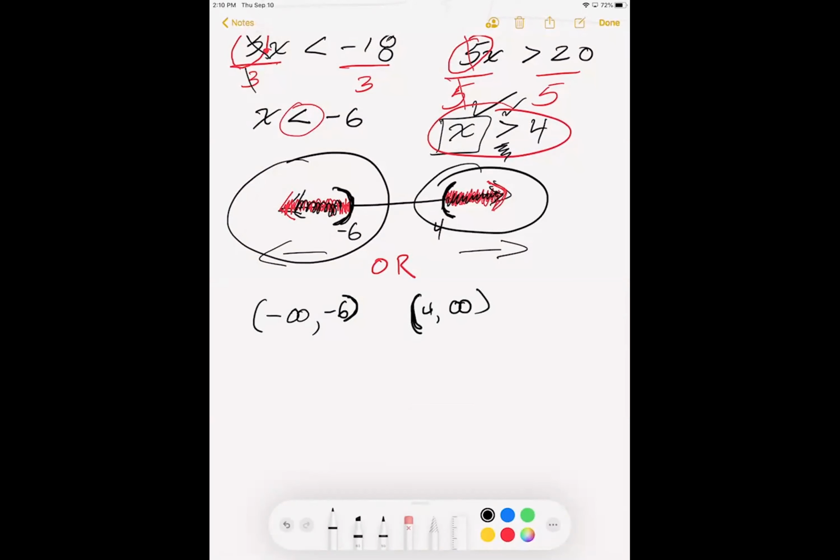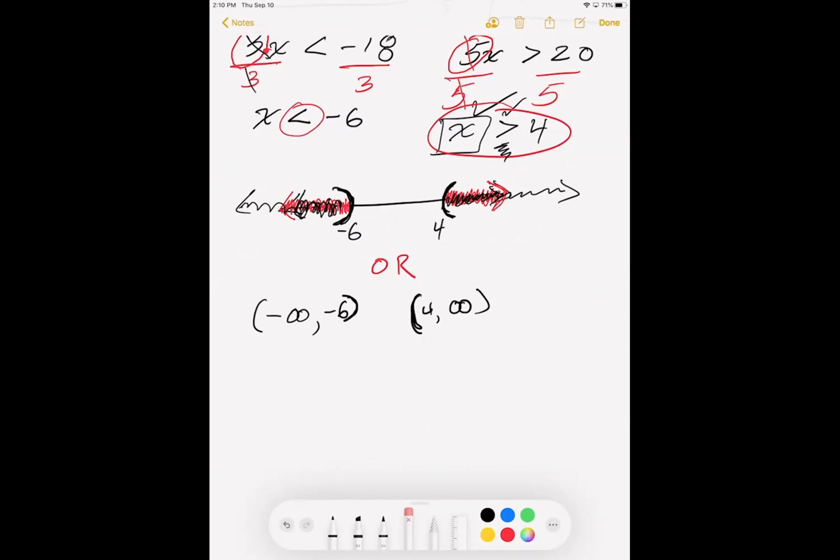Remember, this keeps on going and going and doesn't stop. We have some smaller number on the left, which is -infinity, and some big number on the right, which is +infinity.